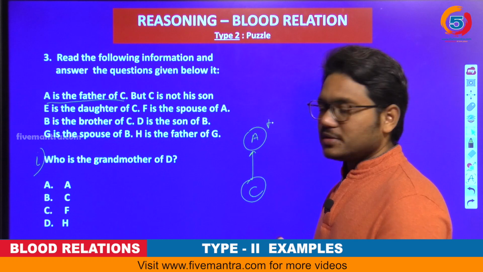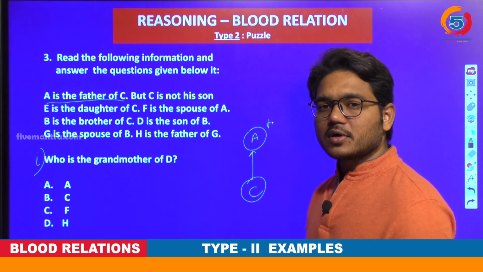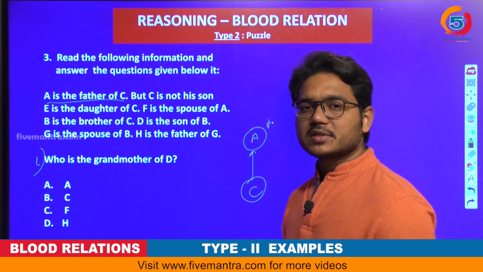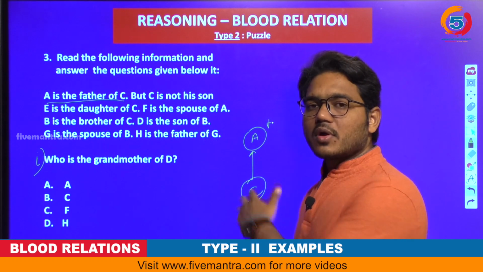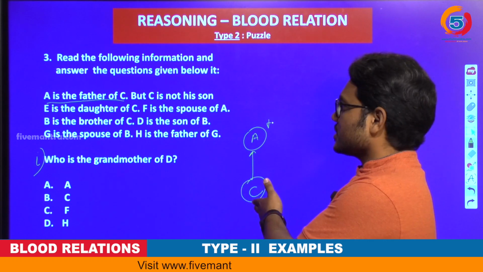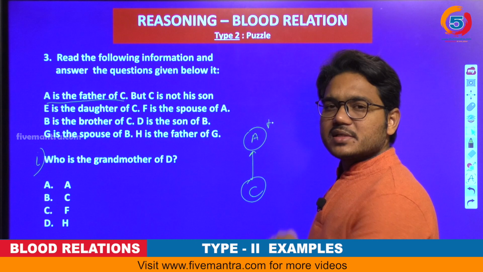Obviously, as in the first problem we discussed, not daughter, not son, not sister, not brother, in the sense the other way. So not son in the sense C must be A's daughter.